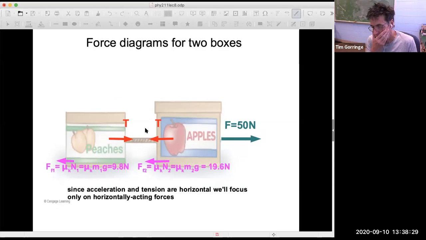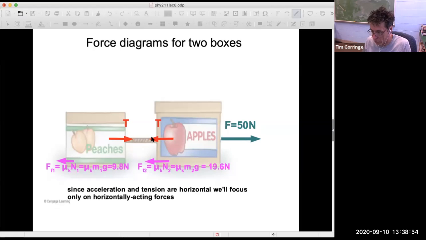Next slide, I said, well, look, all the real action in this particular drama is happening in the horizontal direction. And so I'm really going to focus on the forces that are in the horizontal direction to solve this problem. So let me just make things seem a little less complicated by forgetting about the weight, forgetting about the normal force.